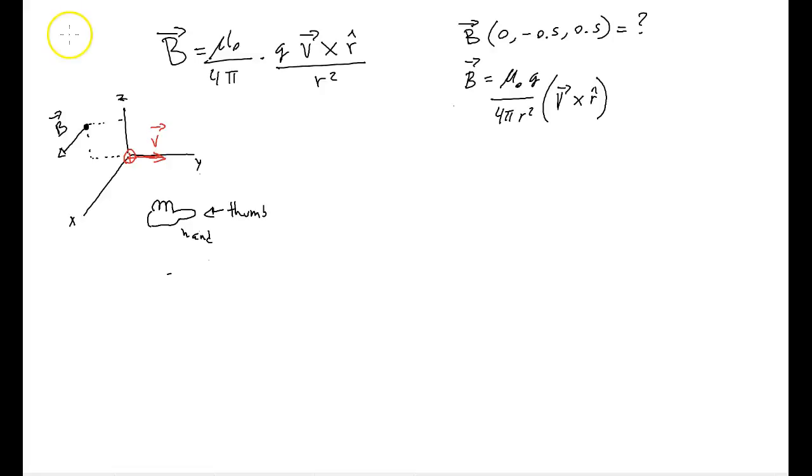You know what this angle is going to be? It's going to be 45. Do we even need that? Let's just do it. Okay, so let's do the cross product.